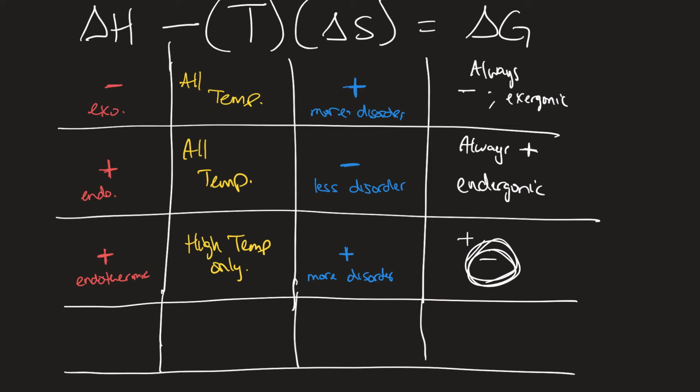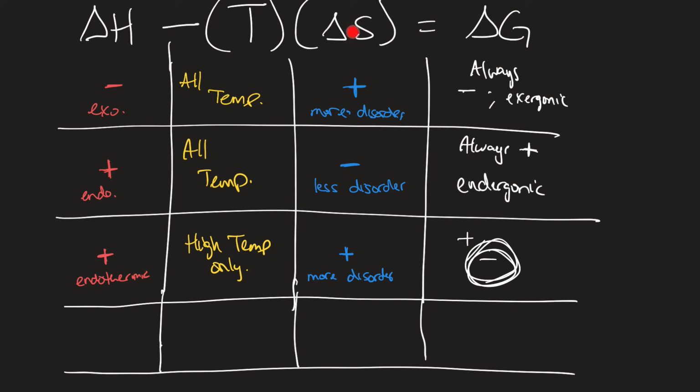And it kind of makes sense if you think about the equation in and of itself, right? And so your delta H is positive, all right? These two together is going to be a negative number. And you want delta G to be negative. So if you want delta G to be negative, then you want to make sure that the magnitude of this number is higher than that of delta H, especially if delta S is a positive number.